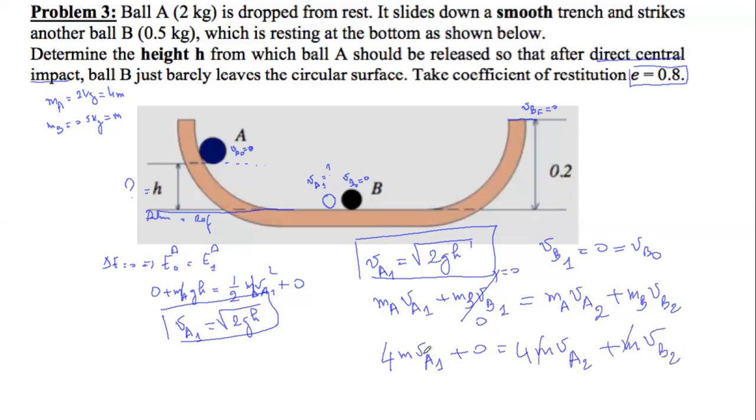Let's simplify by M. So we will have this equation: 4 times square root of 2gH, that's VA1, is equal to 4 times VA2 plus 1 times VB2.